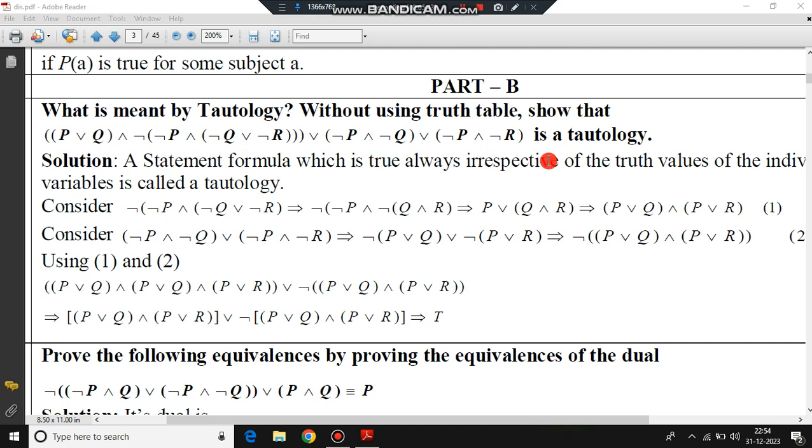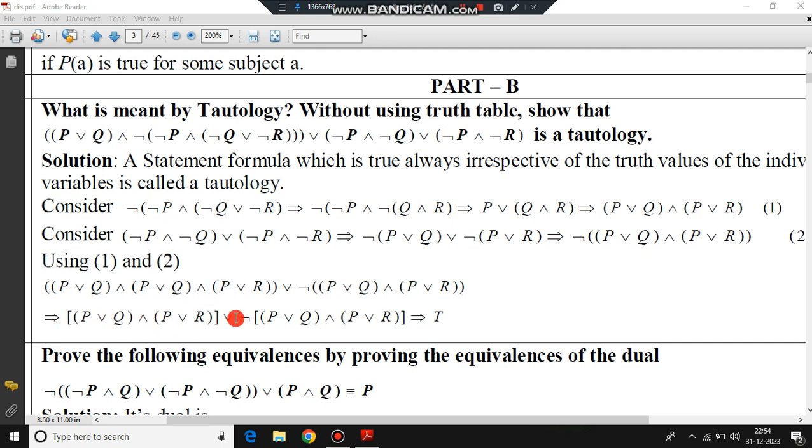If you substitute that, we'll get (P∧Q) as it is, that is equation number 1, and then this value, negation of (P∧Q) and (P∧R), we are substituting. Now again, (P∧Q) and (P∧R) I am taking here.